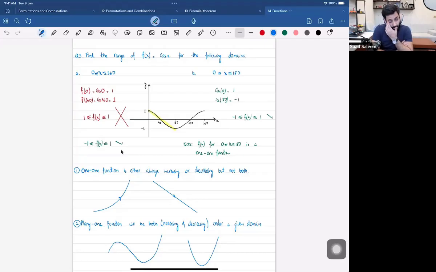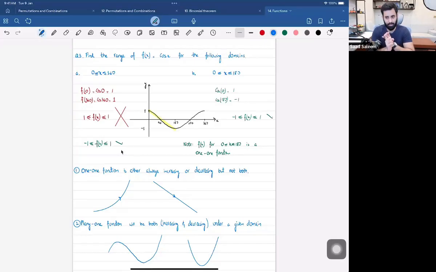So how do we find range when it's like cos greater than 0 but less than 360? So the standard rule, which I was going to write, is this: if it's a one-to-one function, then plug in the extreme points and find the range. If, however, it's a many-to-one function, meaning a trigonometric, a cubic, a quadratic, in that case, the best thing to do is to make a graph.